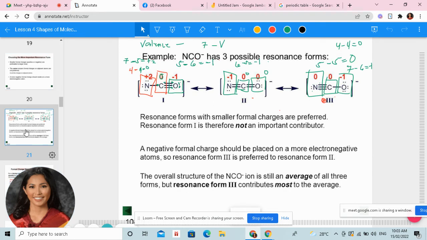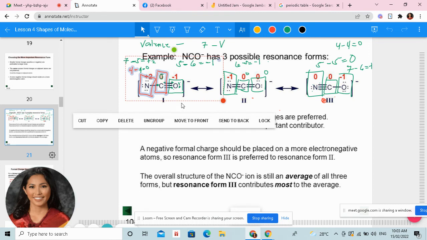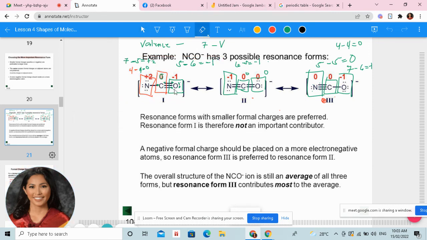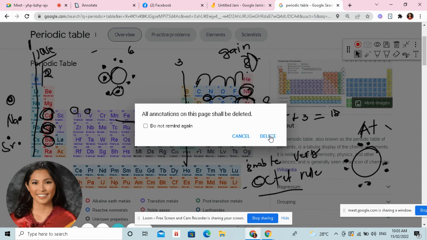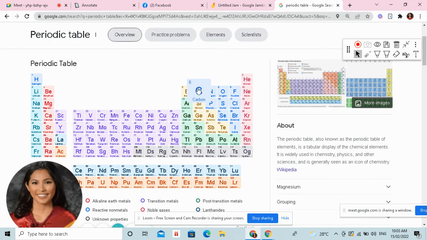Okay, so we have nitrogen, carbon, and oxygen. Which is the largest among the three? Oxygen?